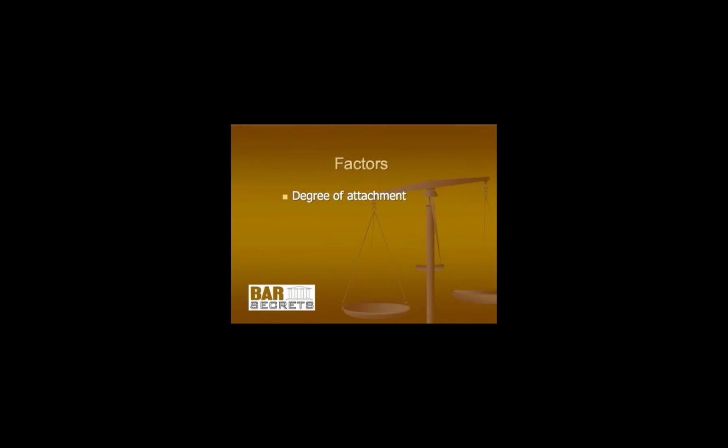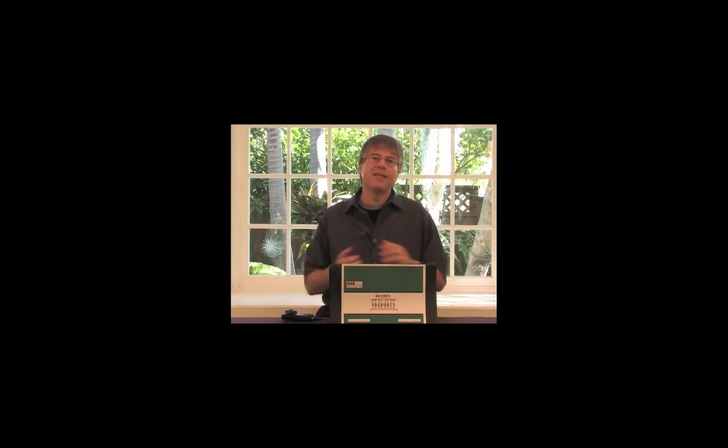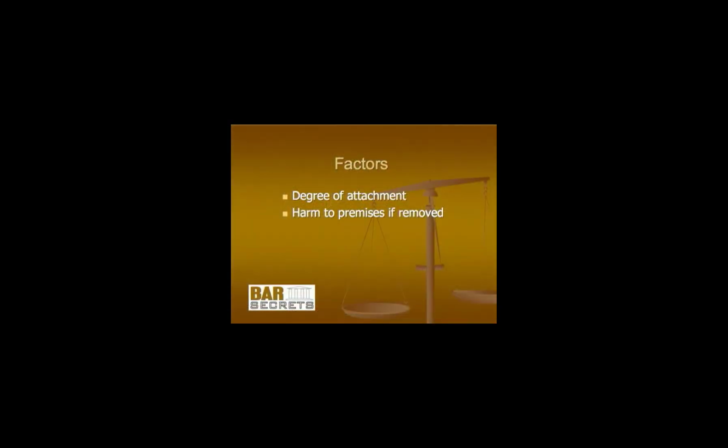Well, one is the degree of attachment. How attached is a jacuzzi that's basically blended in with pipes underneath and the whole ball of wax? That's pretty strongly affixed to the realty. Now remember, these are factors, so the court will weigh them all. The harm to the premises, if the fixture is removed, is the second factor.